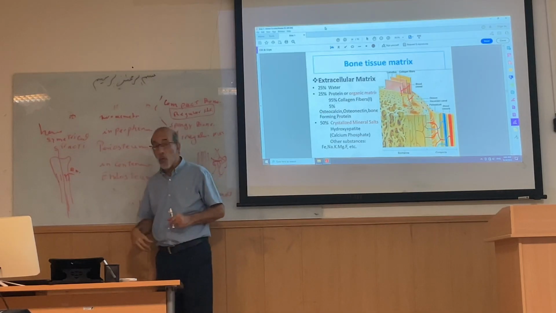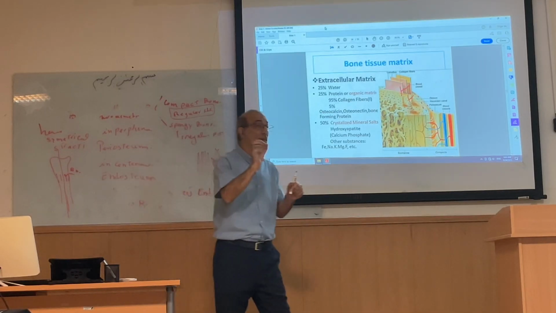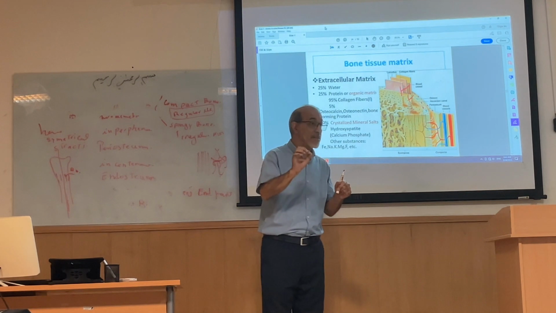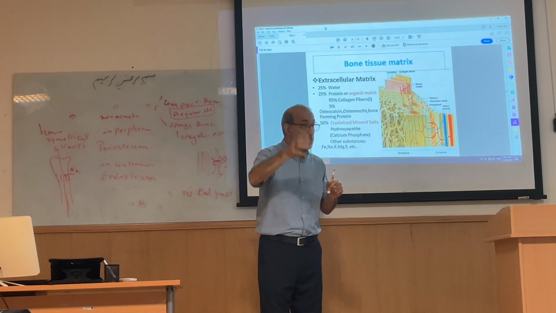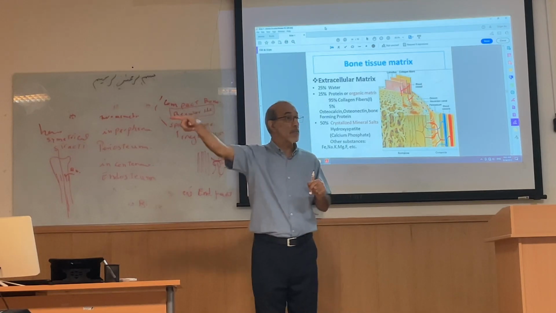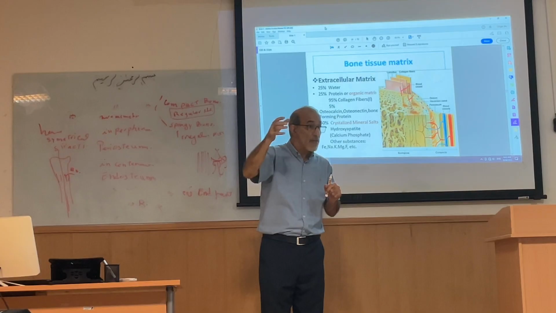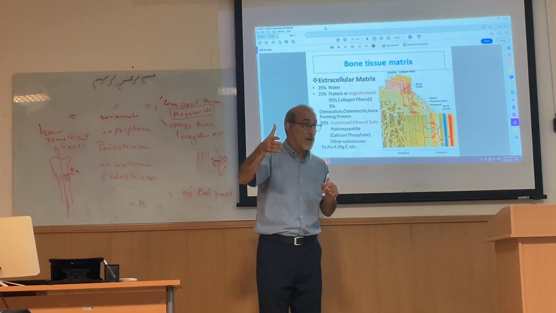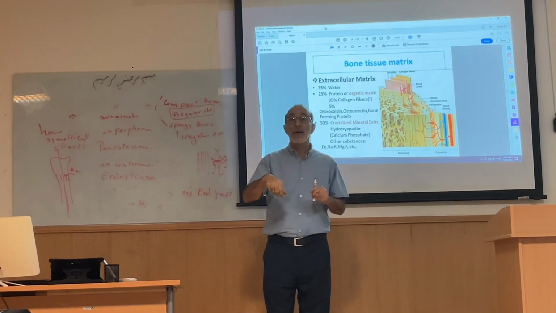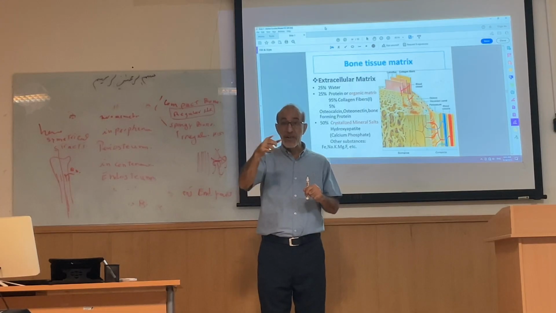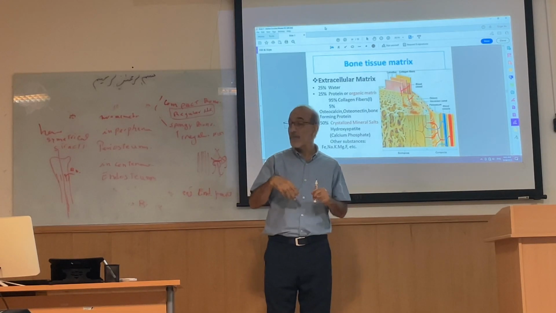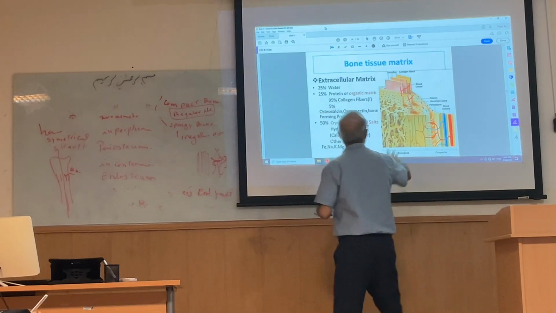What is the difference between the membranes? Spongy bone is covered by endosteum. Peripheral bone is covered by periosteum. This is a bone.